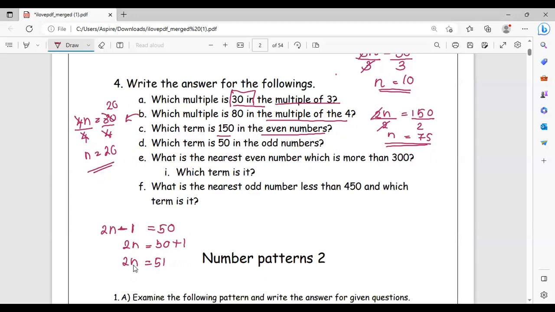Divide both sides by 2. Then n equals 25 and 1/2. Since we do not obtain a whole number for n, we can say 50 is not a term of the odd numbers.